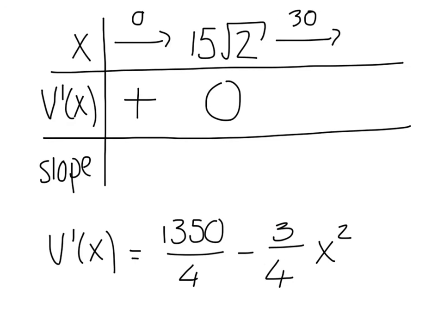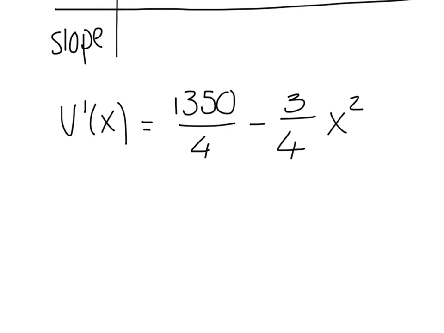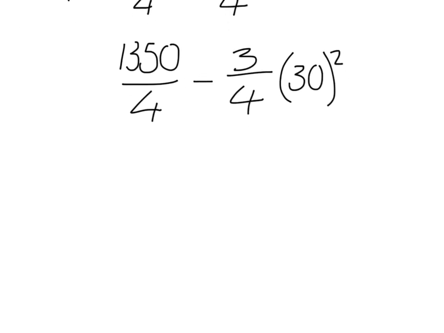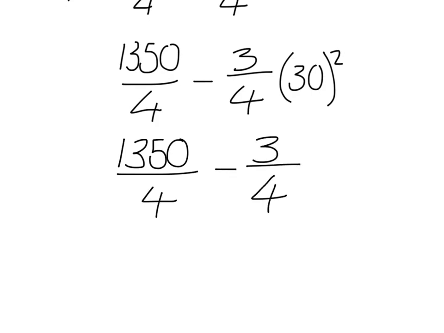If we then substitute in 30, we'll give ourselves a little bit of room for that. That gives us 1350 over 4, take away 3/4 times 30 squared. So 30 squared is 900, so that's 1350 over 4, take away 3/4 times 900.